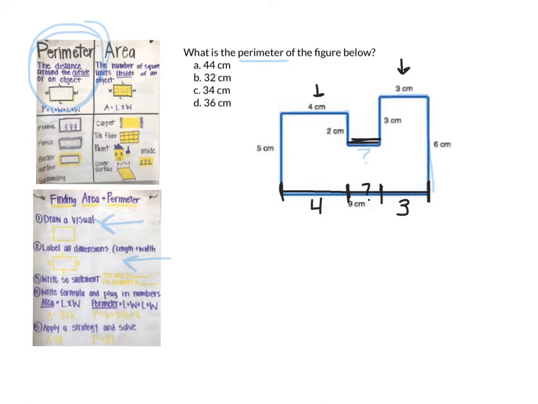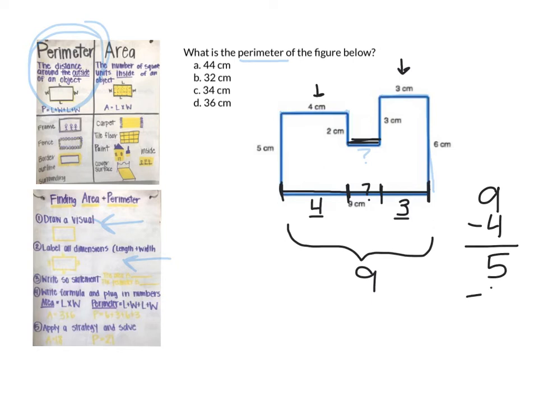So if I know that this whole side is 9, I have parts of it, 4 and 3. I can subtract those numbers to find my missing part. So 9 minus 4 is 5. 5 minus 3 is 2.